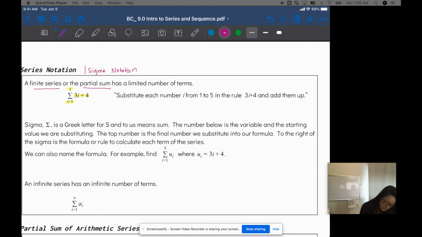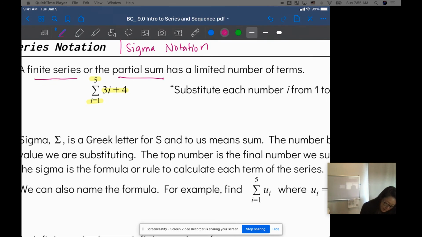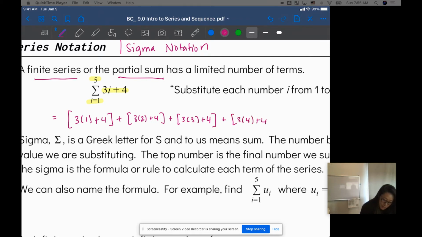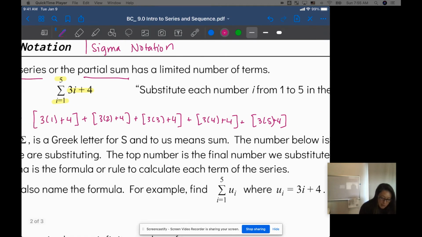So if I were to expand this, this would equal 3 times 1 plus 4 plus 3 times 2 plus 4 plus 3 times 3 plus 4 plus 3 times 4 plus 4 plus 3 times 5 plus 4.